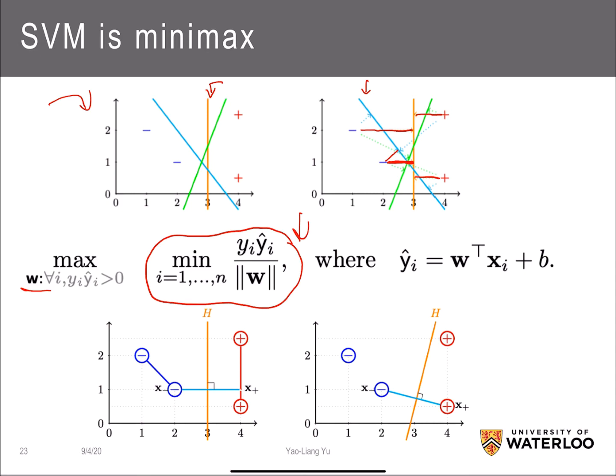It's okay if you don't understand why this is the minimum distance. I'm telling you it is. We're going to see this later on. And I want to maximize this minimum distance. I want to find a line where this minimum distance is largest. And this gives you basically a minimax problem. In this case, it's a max-min problem.